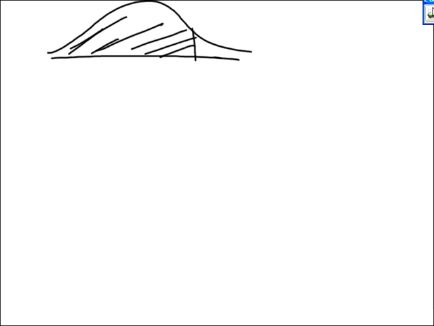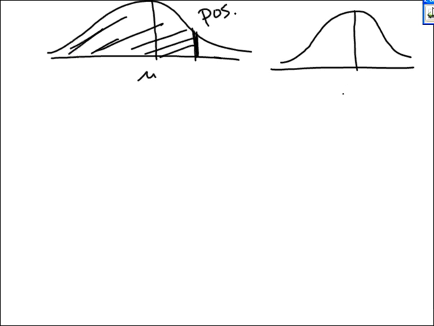In fact, it's going to have two tables. One that looks like this, where my score is to the right of the mean in the center. This will be the positive z table. And then you'll have another table where here's the mean, and here is the z-score, and it gives you the area to the left.